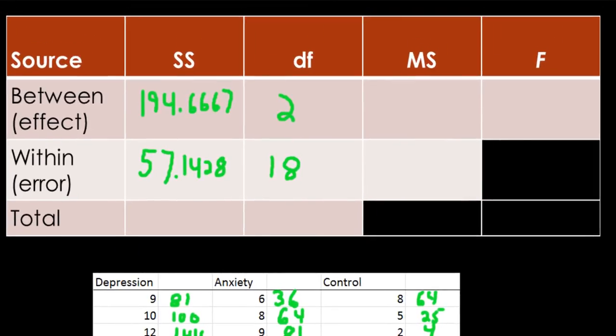Right, we can get the total sum of squares, assuming we've calculated the between and within correctly, by adding our between and within sum of squares together. I get 251.8095.